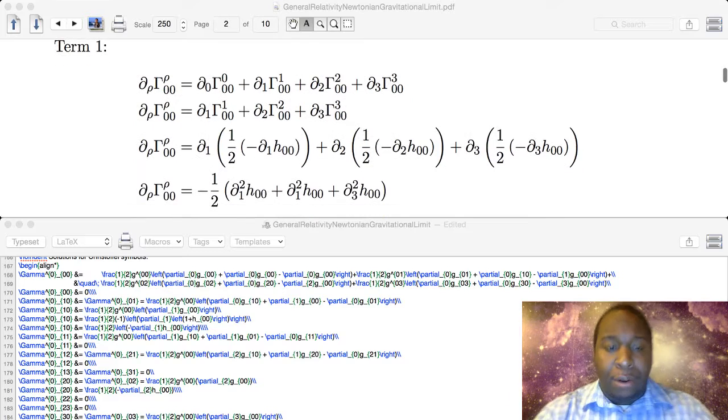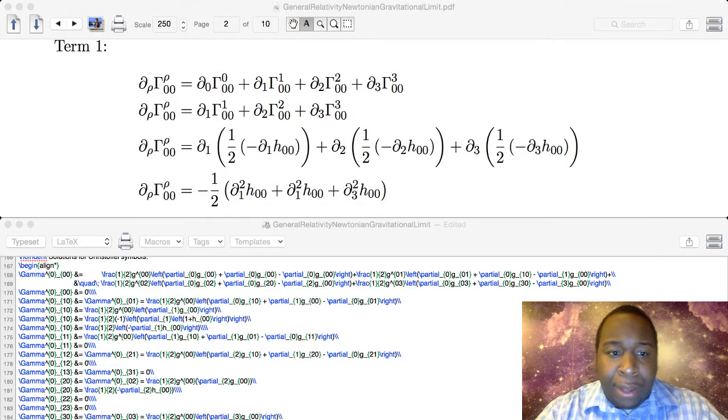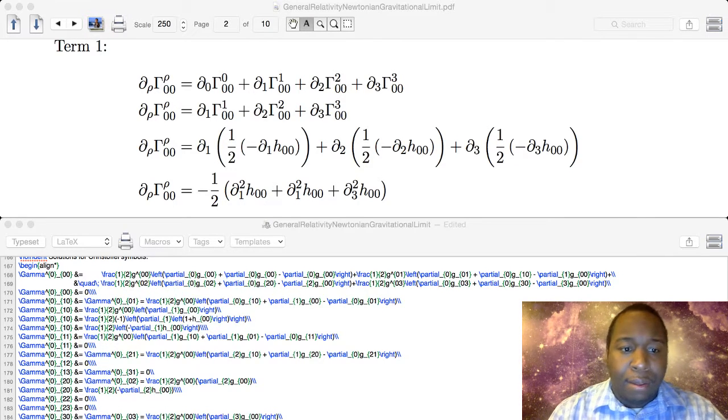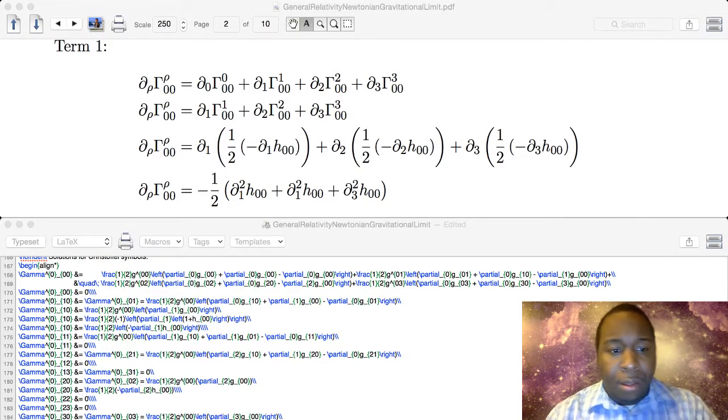For your first term, breaking that down, the tensor breaks down to being negative 1/2 times the second order partial differential equation of h sub 0, 0. Which, if I'm not mistaken, now that I'm looking at this, it looks like the Laplacian.